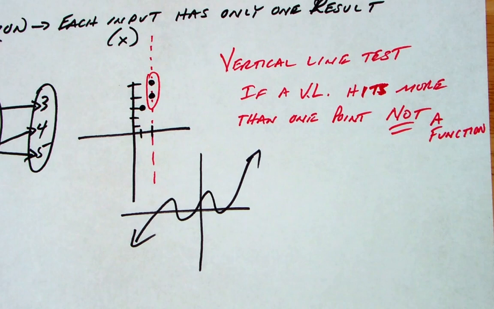Each input, each x yields one and only one unique result. -5, boom. 4, boom, boom. Each x, I'm only getting one result. Is it a function? Yes, it is a function. It passes the vertical line test. Each vertical line that we could pass through it only hits at 1 point. So then we know it's a function.